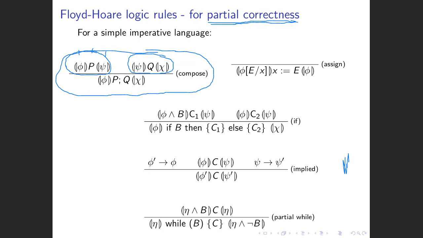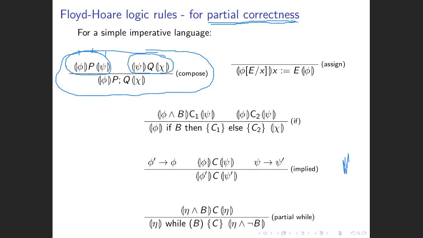The P and Q and B and C are meta variables here, meaning that they can be any program. So if you've got a huge long program in P and another huge long program in Q, then you can conclude that the first program with a semicolon after it, followed by the second program, also satisfies these conditions, if everything satisfies the precondition.